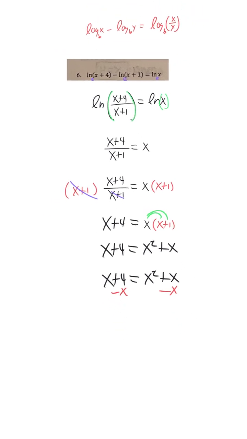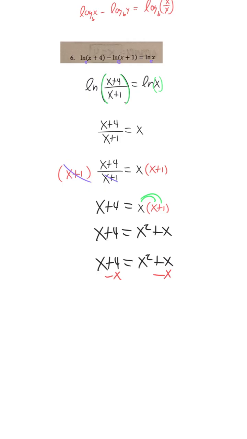And as a result of that, we would have these cancel. We would be left with 4 equals x squared. And hopefully we're seeing that with that, you could take the square root of both sides. Now, hopefully my student recognizes anytime you take the square root of both sides, you have to go plus minus, okay?